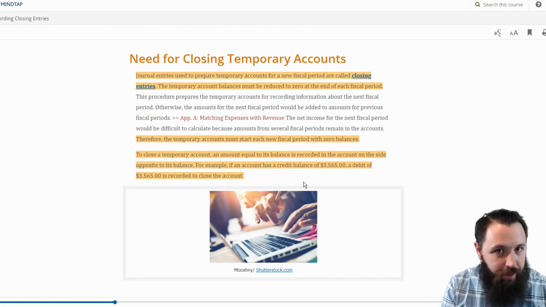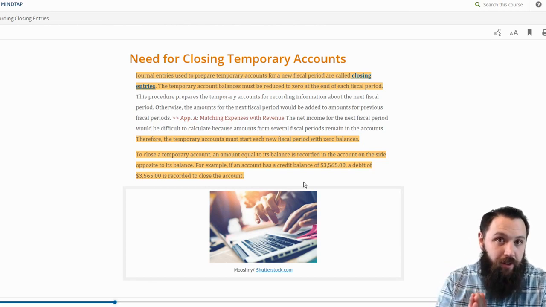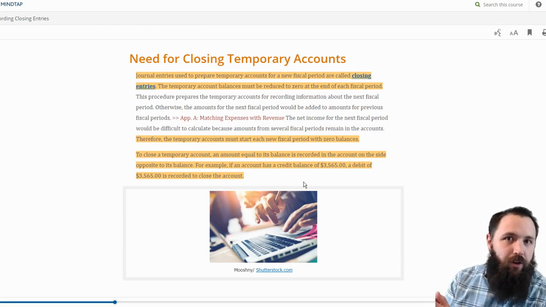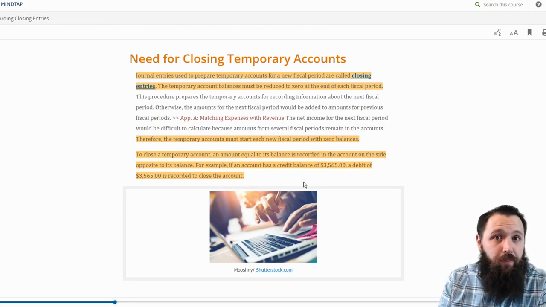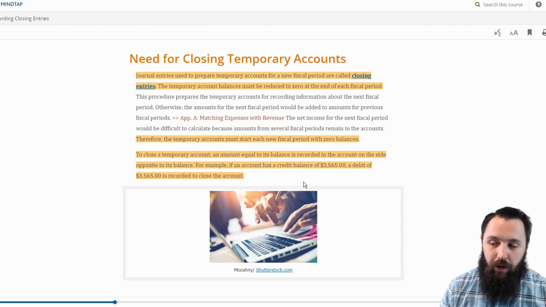Well, we just debit it $150. We take the balance, and if it's a debit balance of, let's say, $100, we credit it $100 because then our new balance will be 0. So all we do is we look at that balance and we debit or credit whatever side it is on that same exact amount. So we're bringing those accounts down to 0.